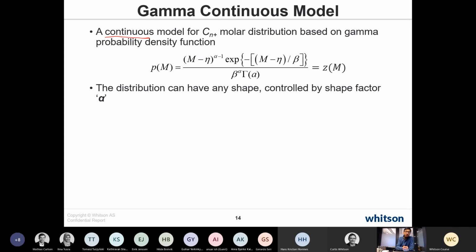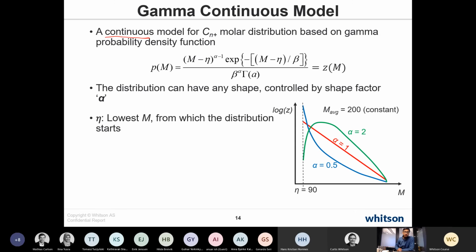It is because it is a continuous function of molecular weight. It's just a probability density function, which is a continuous function of the molecular weight, and it has 3 parameters, as Matthias said.